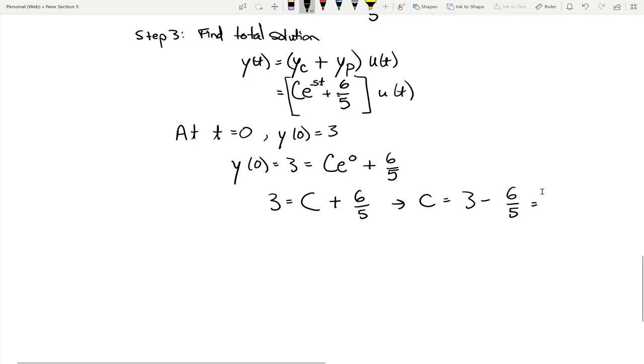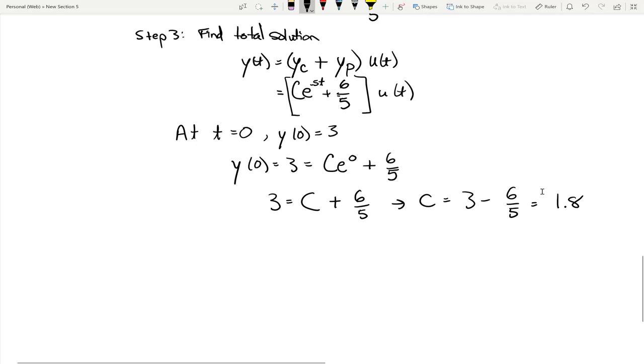which, if I want to put that as a number, and pull up my calculator, 3 minus 6/5 is equal to 1.8, like that.